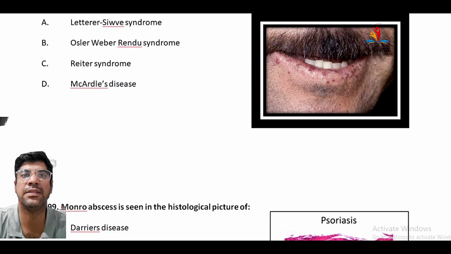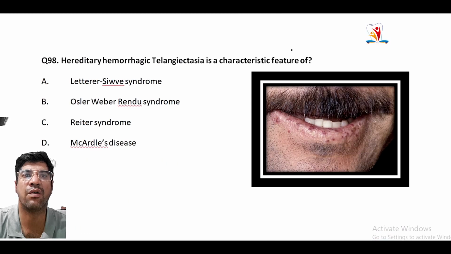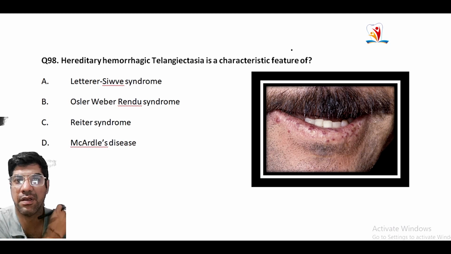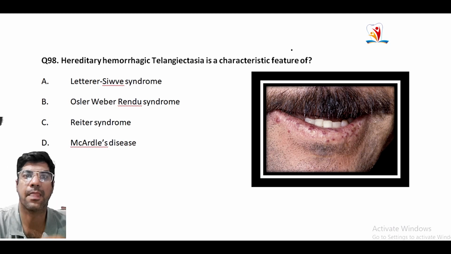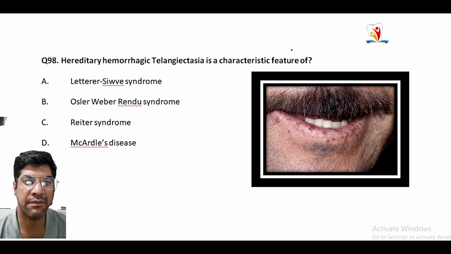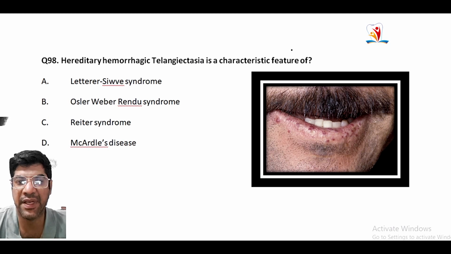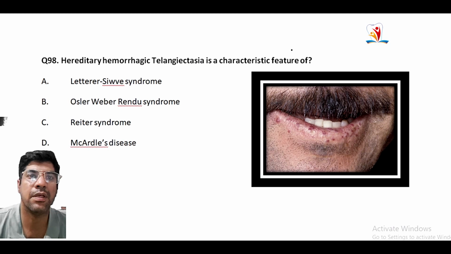Hereditary hemorrhagic telangiectasia is a feature of Osler-Weber-Rendu syndrome. So that is characterized by abnormal blood vessels that lead to telangiectasia. That is, the blood vessels become small and dilated, and you will see AV malformations in various organs of the body.